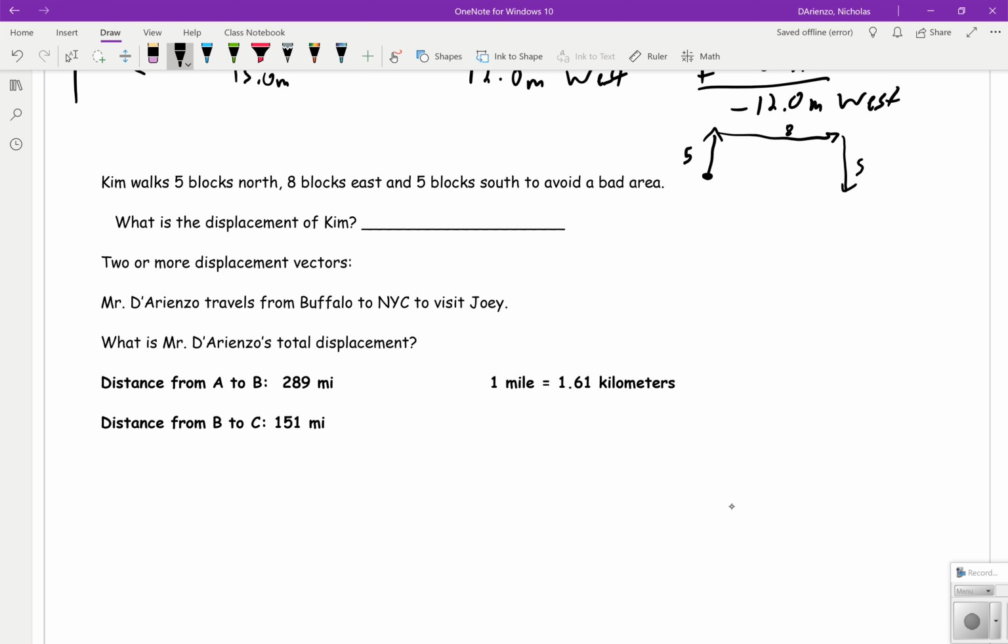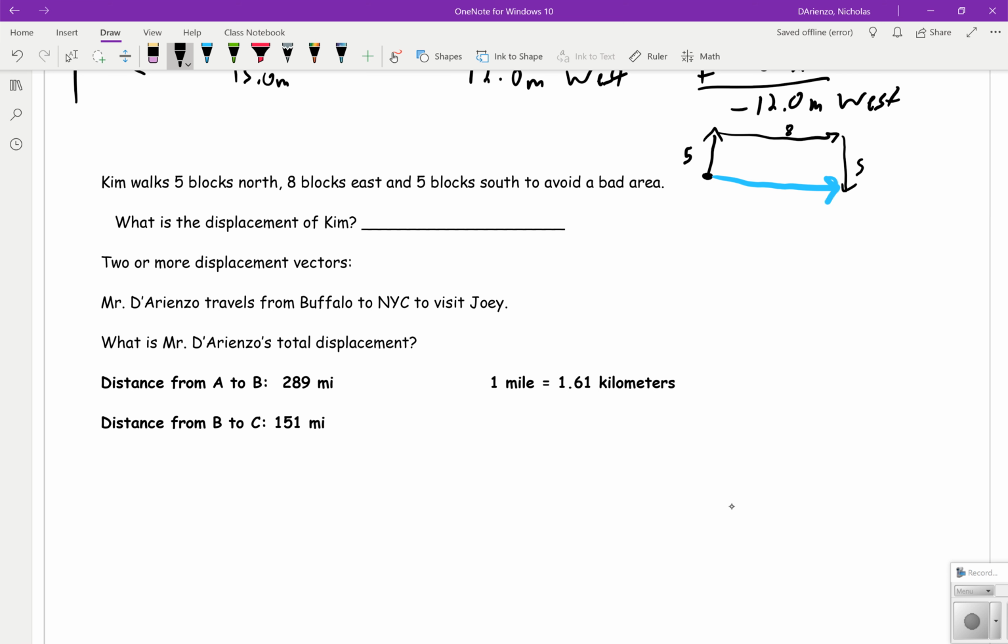Again, the displacement is the change in position from where you start to where you end. And that difference is that right there. So we went north and over 8 blocks to avoid the bad area and then back down. So we really only changed our position along the x-axis. We're only displaced along the x-axis. Our y, we increased by 5 and then decreased by 5.